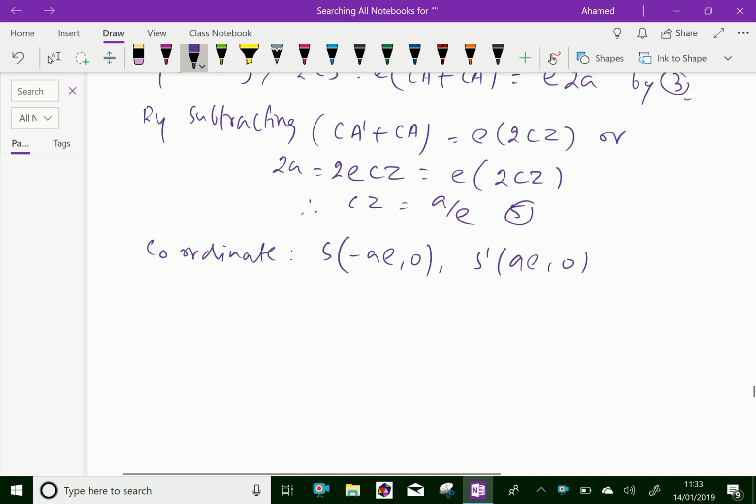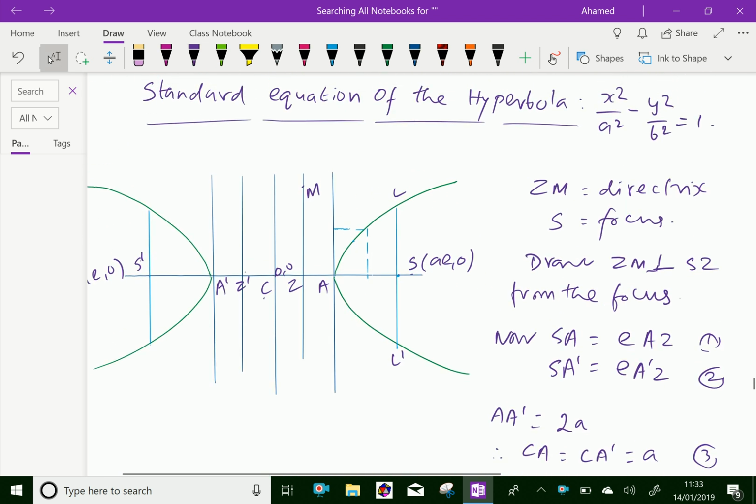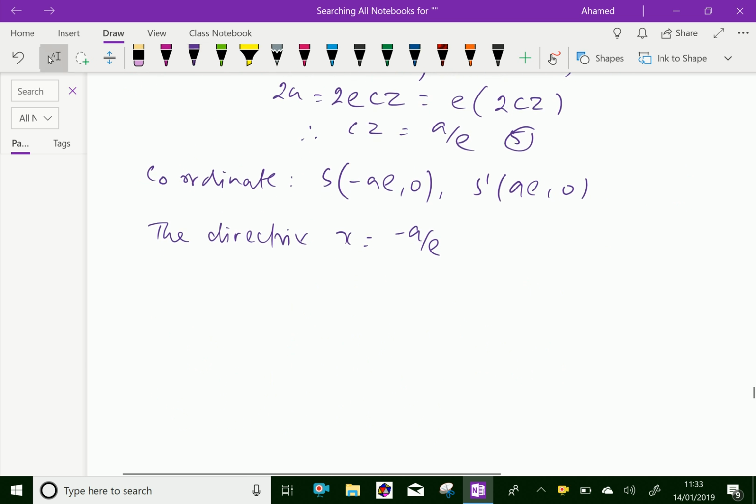Therefore the directrix equations are x equals minus a over e, and also x equals a over e.